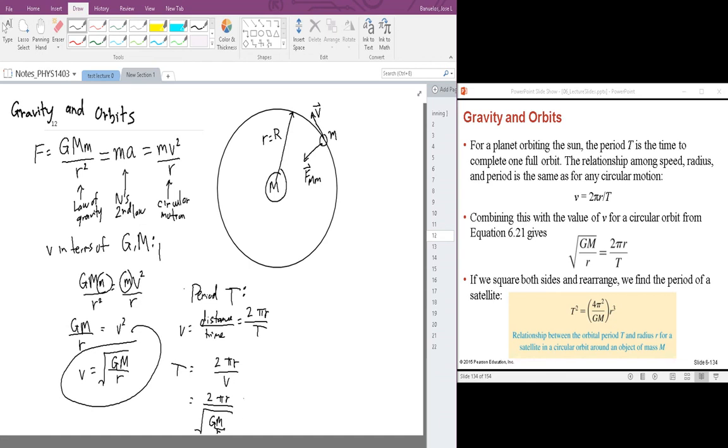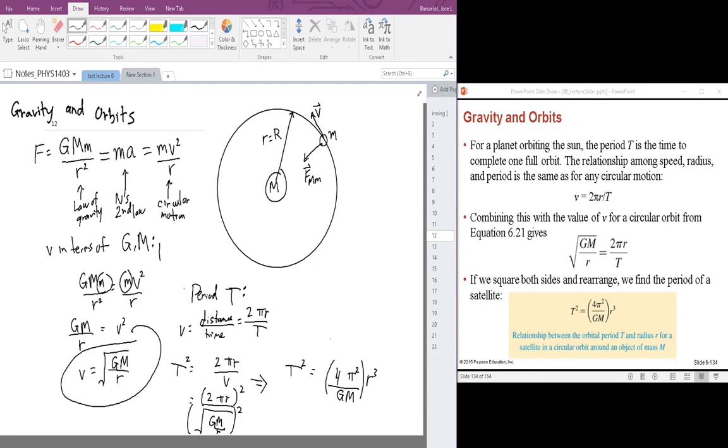With a little bit of algebra, you can solve this in terms of just T, but you can also say, if I want T squared, then maybe I just square everything. If you do that, you get an expression that says the period squared is equal to 4 pi squared over GM, so big G, big M, times r cubed.